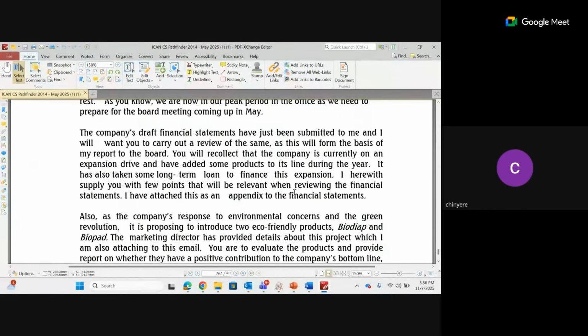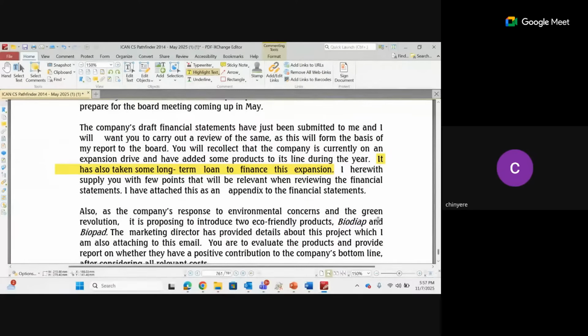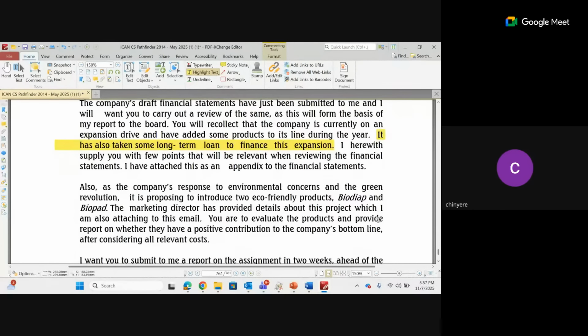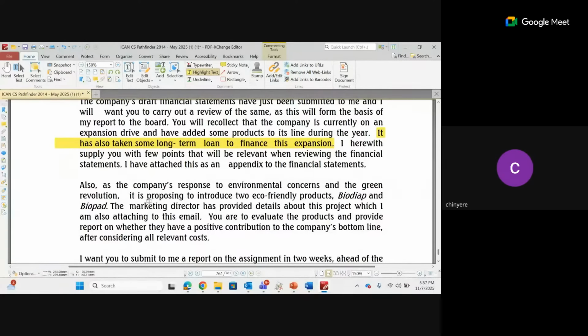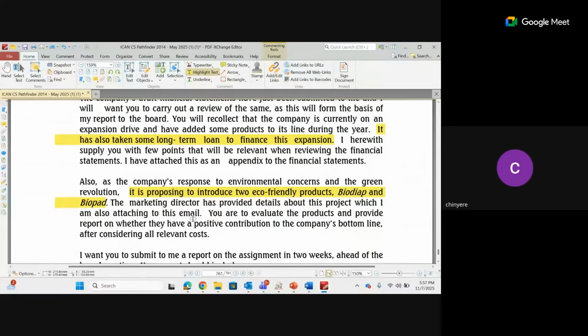It has also taken some long-term loan to finance this expansion. I herewith supply you with few points that will be relevant when reviewing the financial statements. I have attached these as an appendix to the financial statements. Also, as the company's response to the environmental concern and the green revolution, it is proposing to introduce 2 eco-friendly products, BioDAP and BioPad.